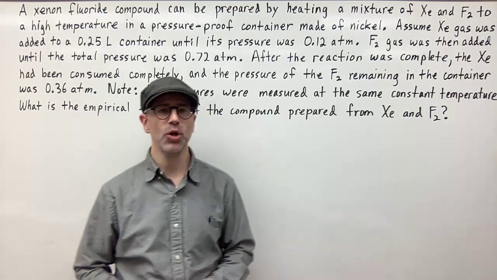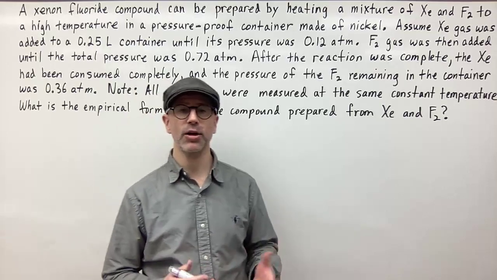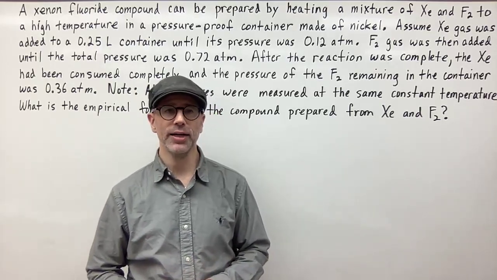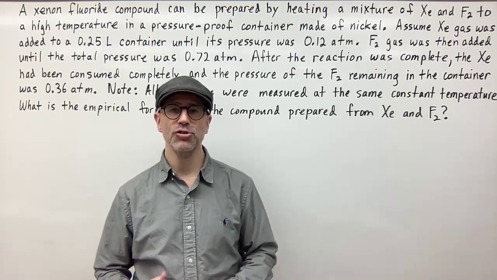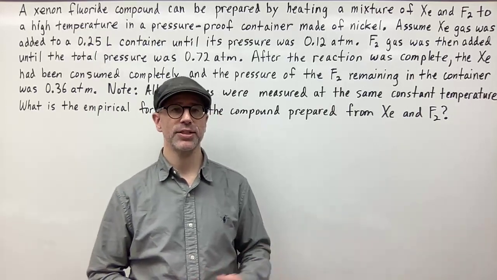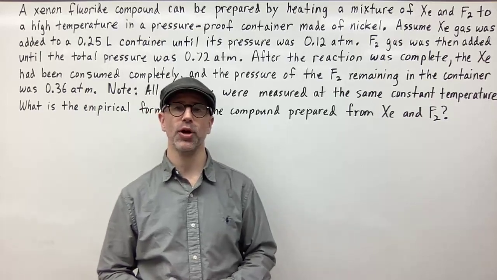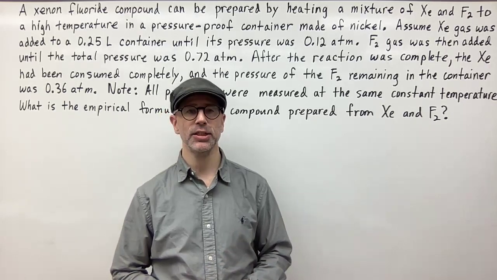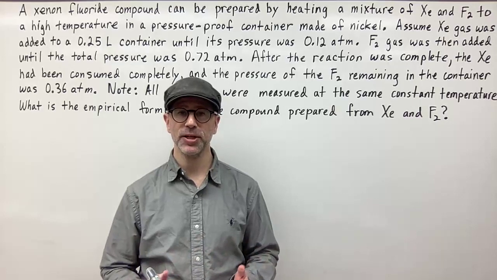So in this problem we're told a xenon fluoride compound can be prepared by heating a mixture of xenon and fluorine to a high temperature in a pressure-proof container made of nickel. Assume that xenon gas was added to a 0.25 liter container until its pressure was 0.12 atmospheres. Fluorine gas was then added until the total pressure was 0.272 atmospheres.